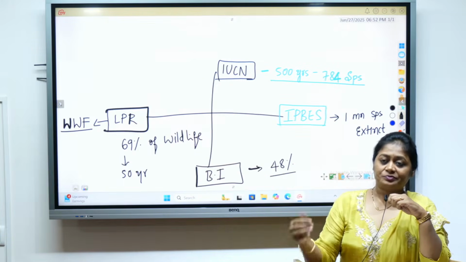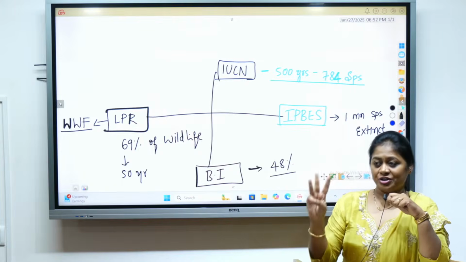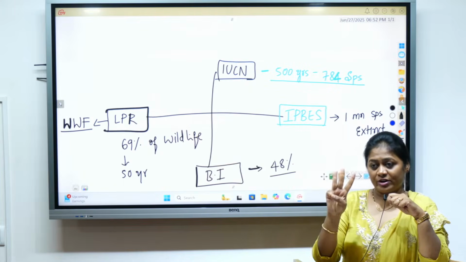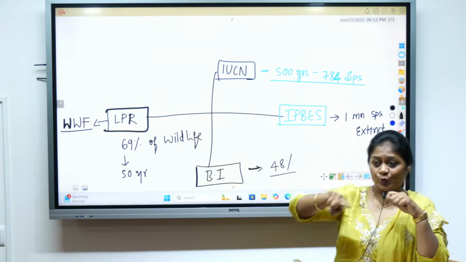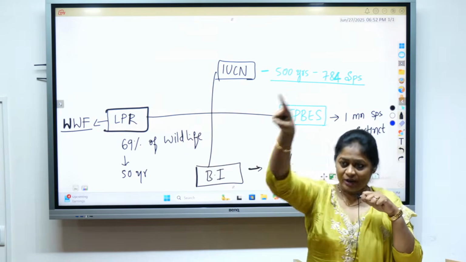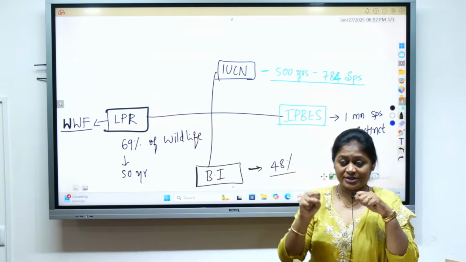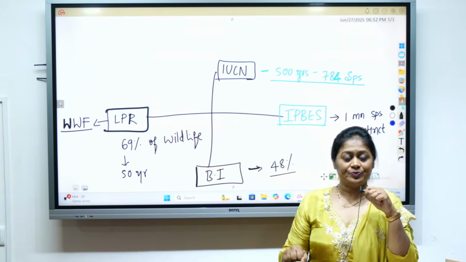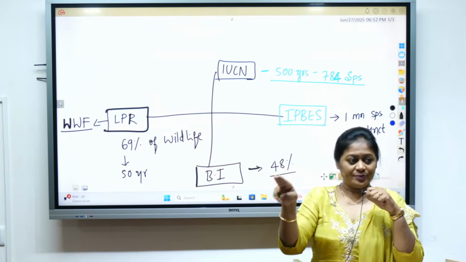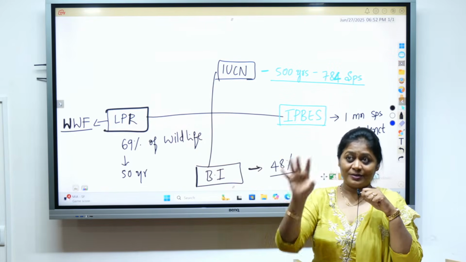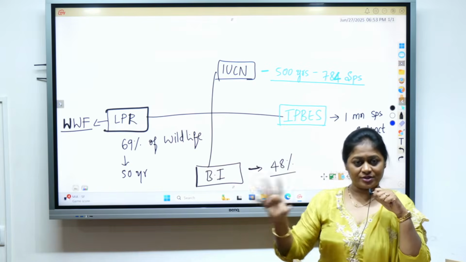Okay. Apart from that, there are three indices of biodiversity: alpha, beta, gamma. Alpha, within one ecosystem, the number of species present in an ecosystem. Beta, between two ecosystems, and gamma is between different ecosystems.